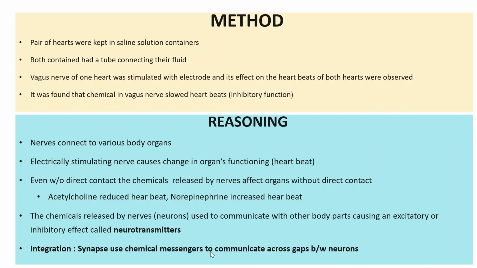This was on a bigger, observable level, where we discovered that neurotransmitters from the neurons of the vagus nerve slowed down the heartbeat even if that heart was not directly connected to that nerve. And now we can see that those chemicals must exist between the neurons as well, and we experimentally verified that as well.